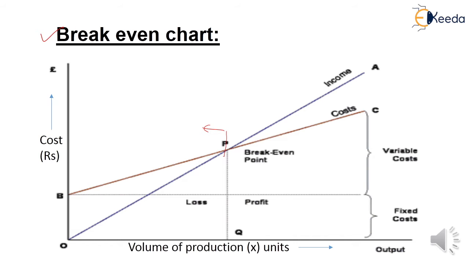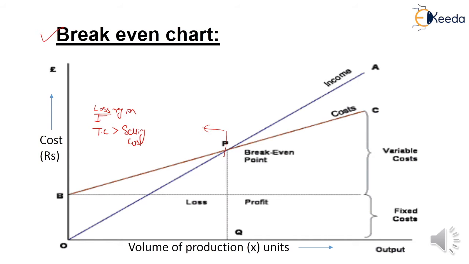At the left side of the break even point, the total cost is greater than the total selling cost. So here the total cost is greater than the selling cost, which means it is a loss region. So this region is known as the loss region.